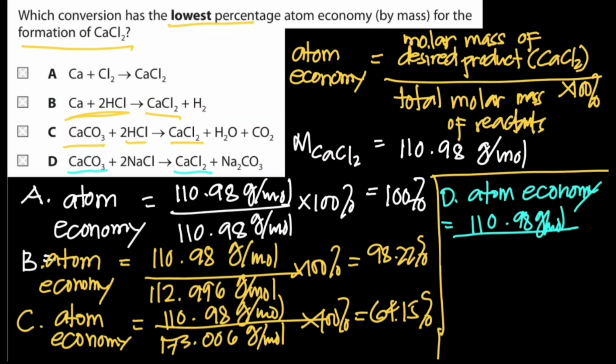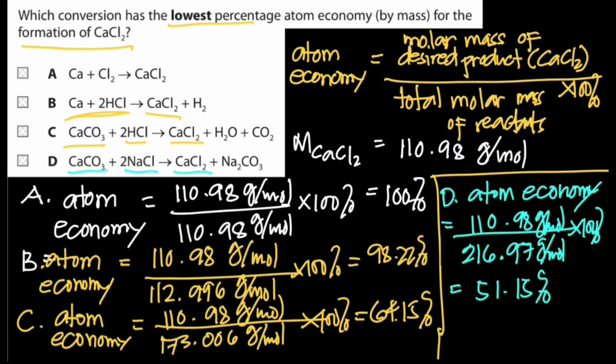The reactants here are 1 mole of CaCO3 plus 2 moles of NaCl, and that is just 216.97 grams per mole times 100%, and this would give us a percentage atom economy of 51.15%. And now we are asked for the lowest percentage. Among the 4 choices, letter D has the lowest atom economy. So the answer here is letter D.